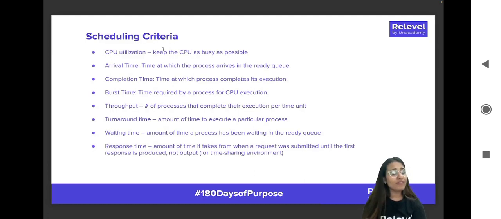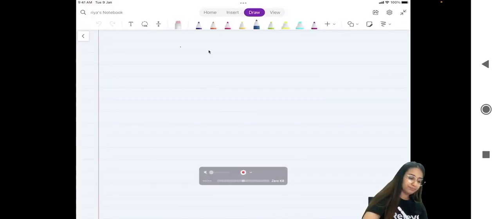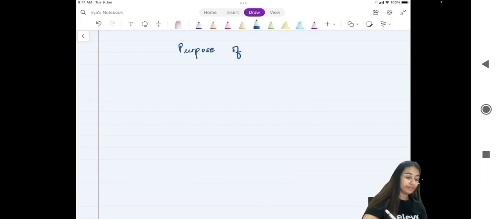Okay, always make sure that the entire purpose of the scheduling algorithms is so that you maximize the CPU utilization, and you have a fair allocation of CPU as well. Okay, so let me just write down the purpose as well, although we have taken a look at this a little bit in detail when we were doing processes, but let's still define it again.